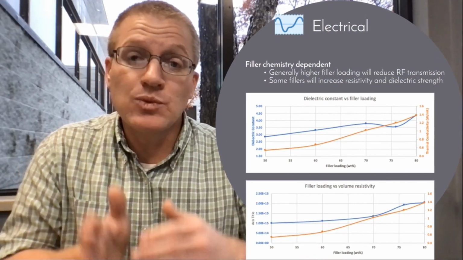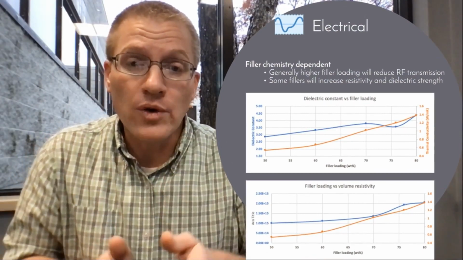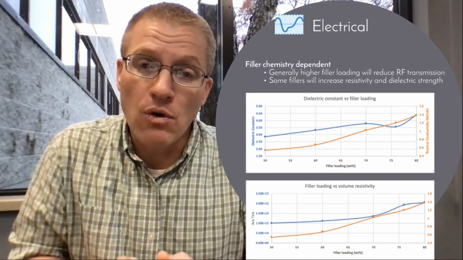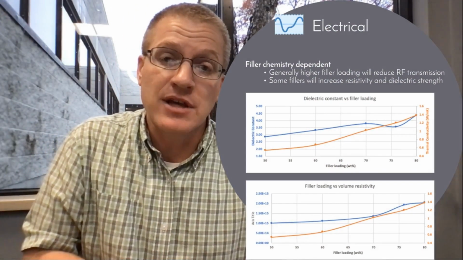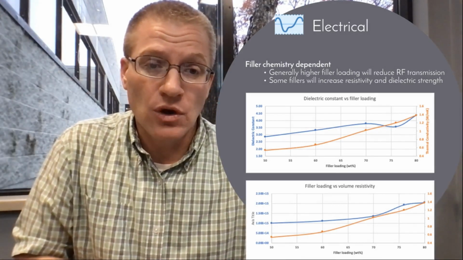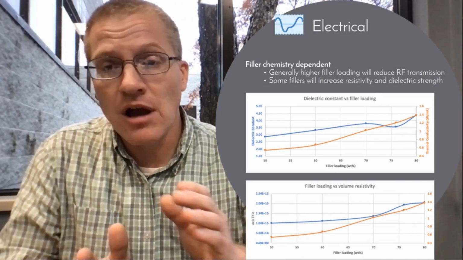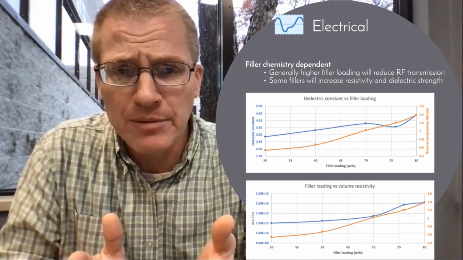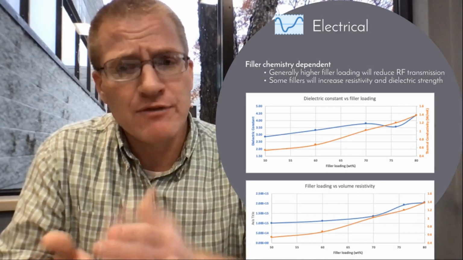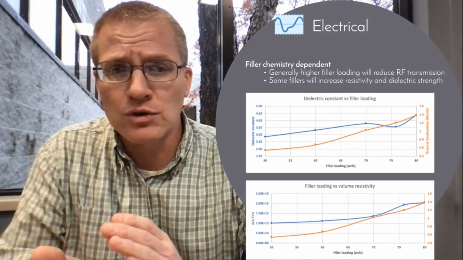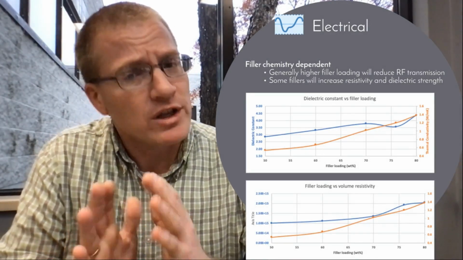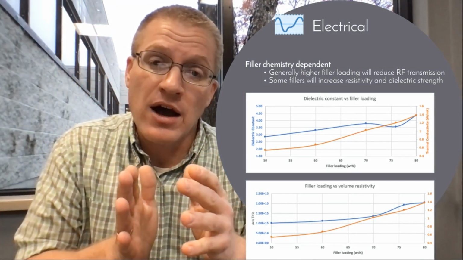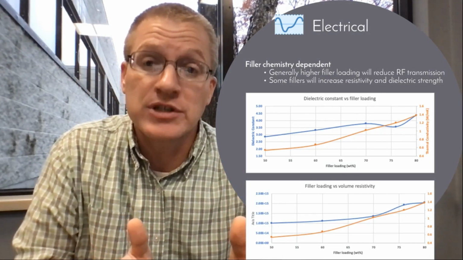So again, as we have greater and greater filler loadings, the electrical properties of the polymer are going to reflect more and more of the electrical properties of the mineral, okay? The important thing to remember is all minerals have a little bit different electrical properties. We talked about filler type. Each filler type is going to have different electrical insulating properties, so it's really important to understand that if you want certain electrical properties, as we increase the amount of that filler, we're going to get certain electrical properties associated with that.